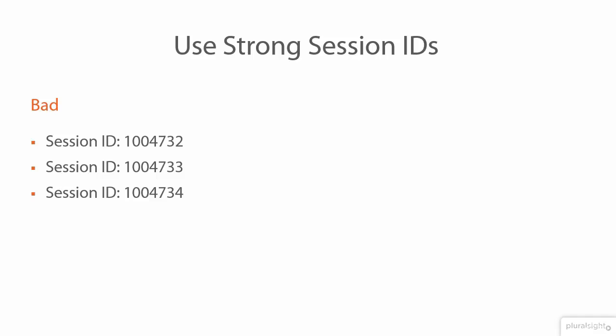And obviously the issue with the ones that you see here is that they're sequential. They're just incrementing by 1. And it doesn't take an attacker very long to figure that out. They can just create a few brand new sessions and see what ID they get. Is there a pattern here that they can then replicate? Now let's compare those ones to these ones.